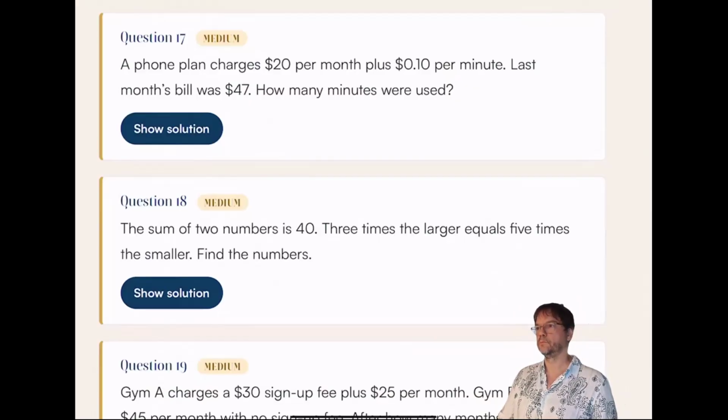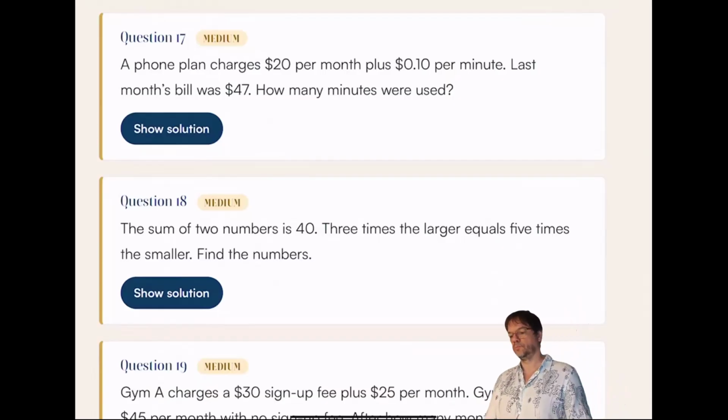It has 20M, like big M, uppercase, then plus 0.10 lowercase m, the big M representing months and the little m representing minutes, and then equals 47.